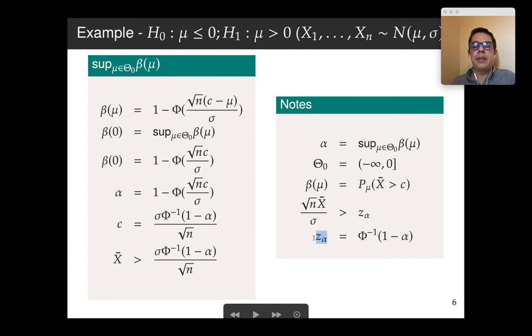Given that it's a normal, it's something like 2.6, if I remember correctly, or a little bit higher than 2 point something.